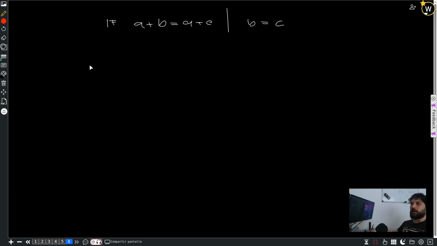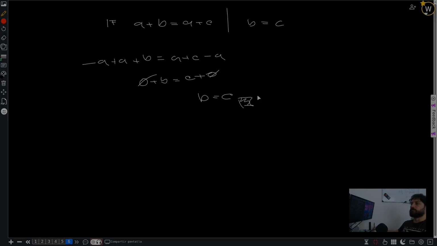And we can use our same approach to prove this is correct. So if we subtract a from both sides, we would get 0 plus b equals c plus 0. And since 0 plus b is b and 0 plus c is c, we can conclude b is equal to c.